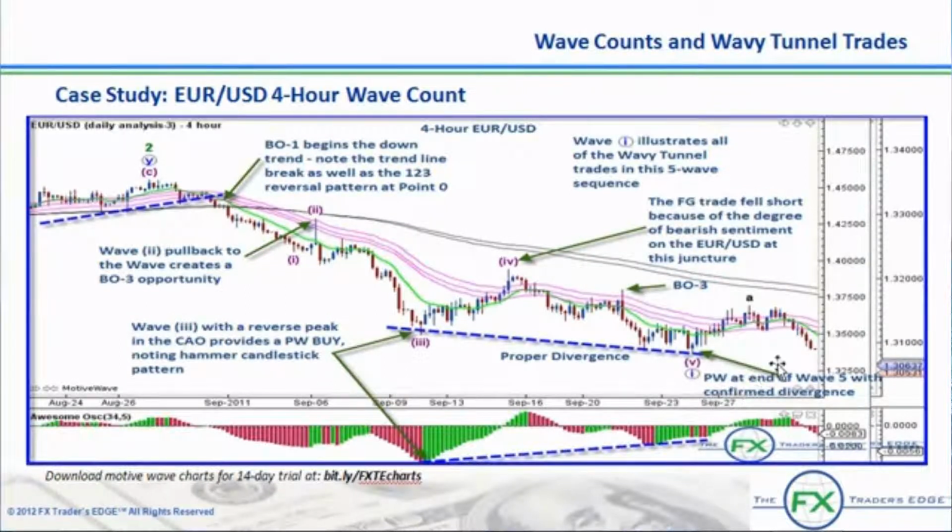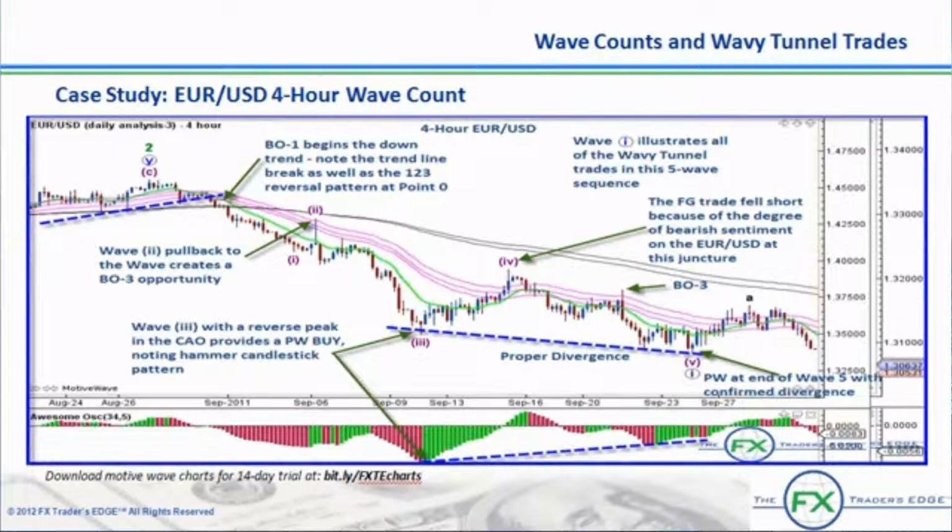The same wavy tunnel trade management process can be illustrated on the blue circled wave 3. That would be a good exercise for you to do yourself. Look for the breakout 1, breakout 2, breakout 3, PW, and FG trades on the blue circled wave 3.